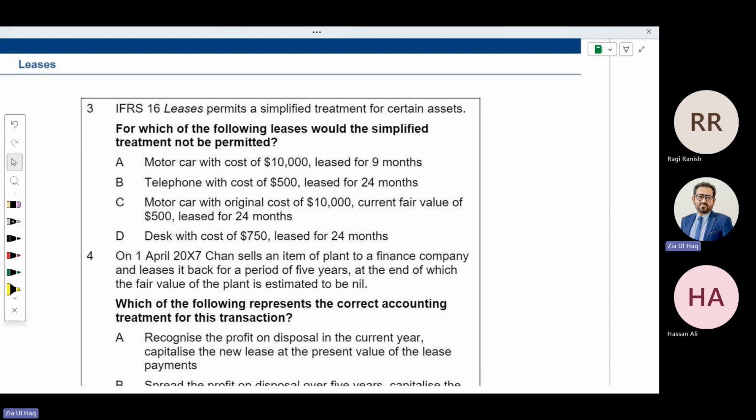Motor car with an original cost of 10,000, current fair value of 500, leased for 24 months. Though you have leased at 500, its cost as a new car is 10,000. So for this, you cannot adopt simplified treatment. And desk, small furniture. Yes.